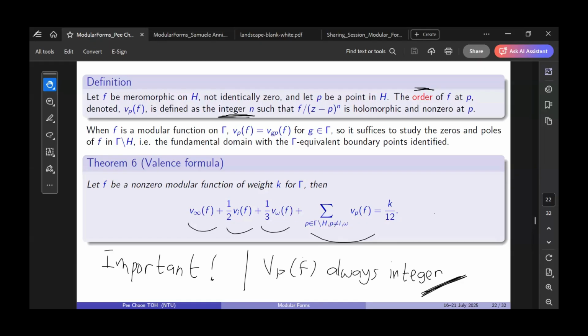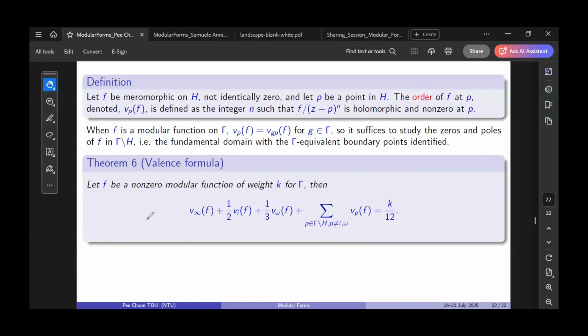Okay. The proof of the valence formula is quite long and pretty complicated, so I will not explain it here because we have limited time.